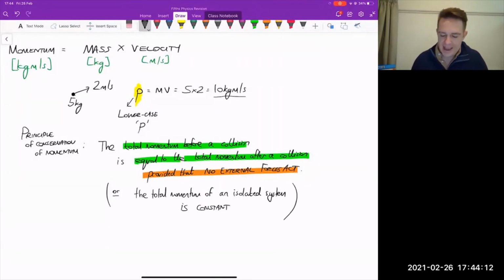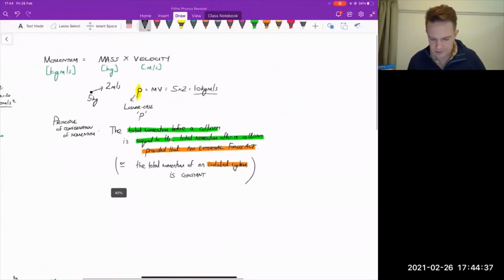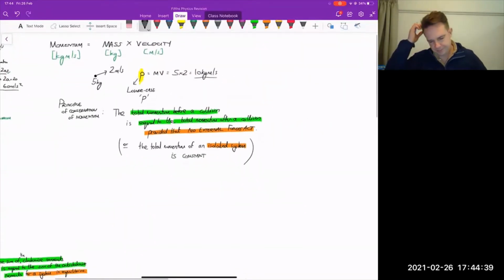Because it says what the above statement says: the total momentum is constant through time, before and after. An isolated system means no external forces are acting on it. It's isolated from its surroundings. So that bottom statement is nice, right? It's concise.